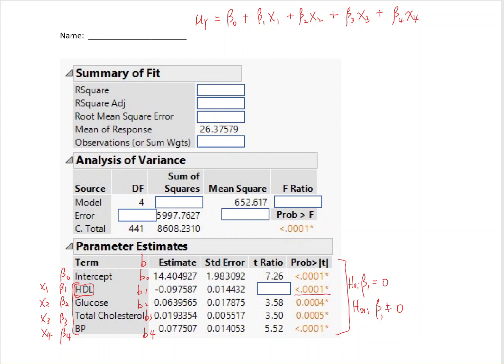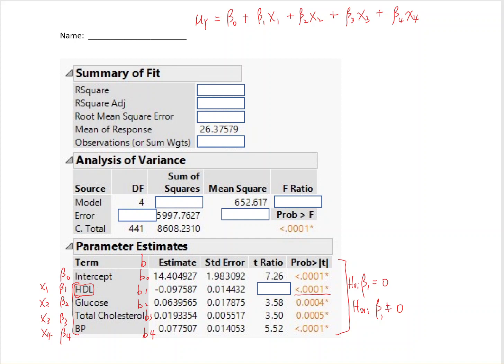If it is significant, that means this variable has a significant contribution to the model. But if the p-value is very big, does that mean this variable doesn't have any relationship with the response variable? No, it means that with the other variables already in the model, adding this variable doesn't make an actual contribution to this regression. So here you need to be careful.